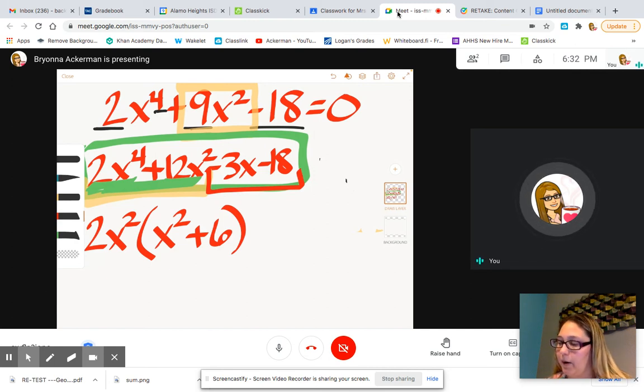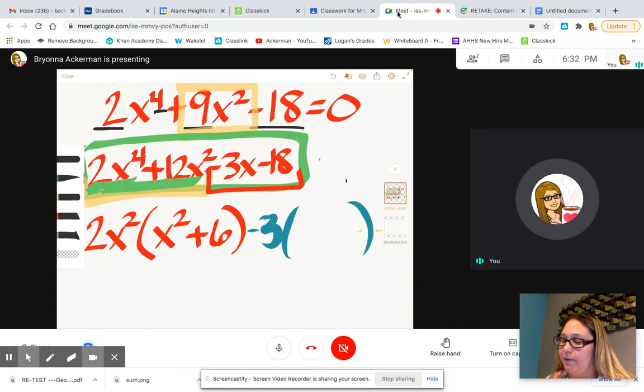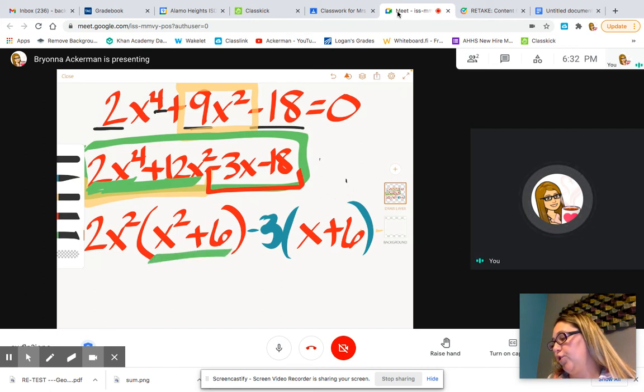This red part, I want to find a greatest common factor. And so in this case, I can take out a negative 3. If I take a negative 3 out, I'm left with x squared plus 6. If you do grouping correctly, these 2 will always be the same.